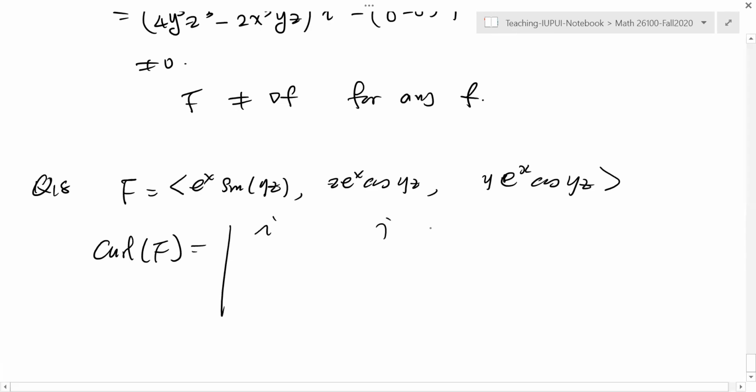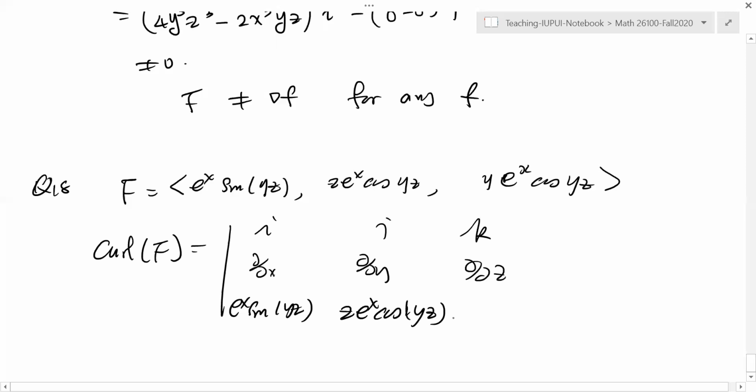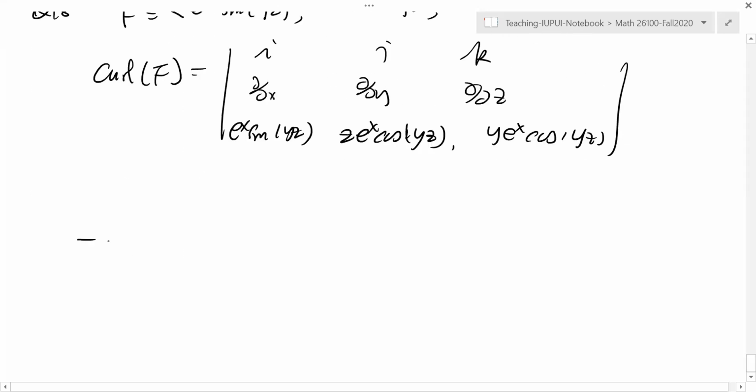So this i, j, k, e to the x sine yz, z e to the x cosine yz, and y e to the x cosine yz. The first term is those two columns, right?